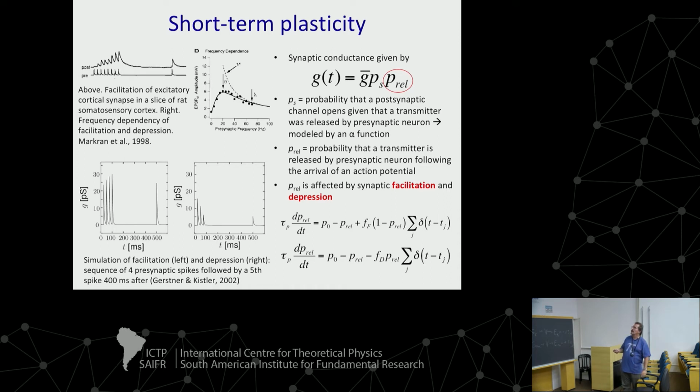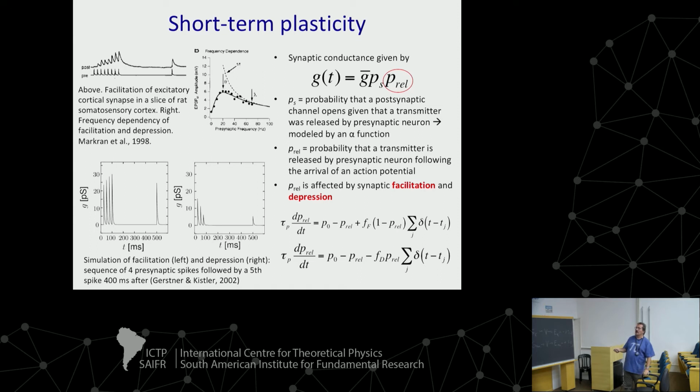One can model this by introducing in your conductance model, which was previously just the maximal conductance times the probability that the channel is open, another term, P release, which measures the probability that a transmitter is released by a presynaptic neuron following the arrival of an action potential, and depends on the frequency of the presynaptic cell.